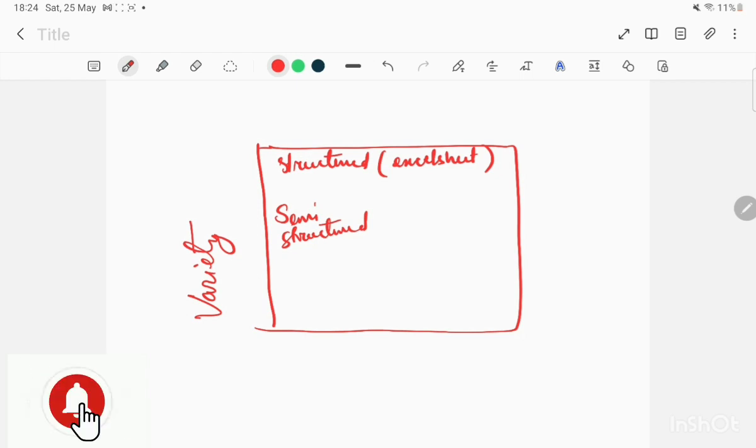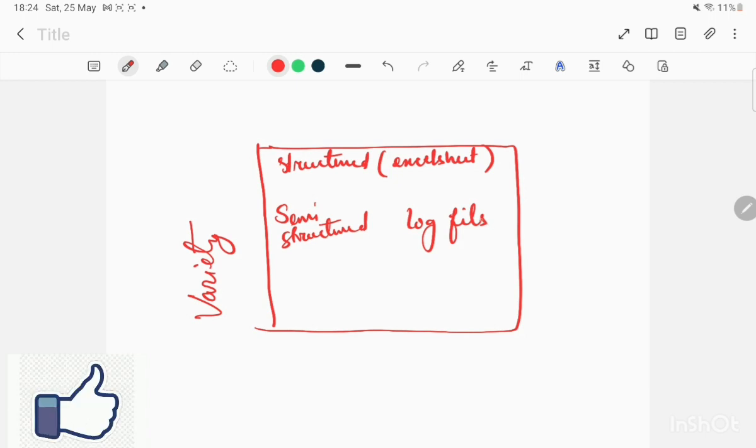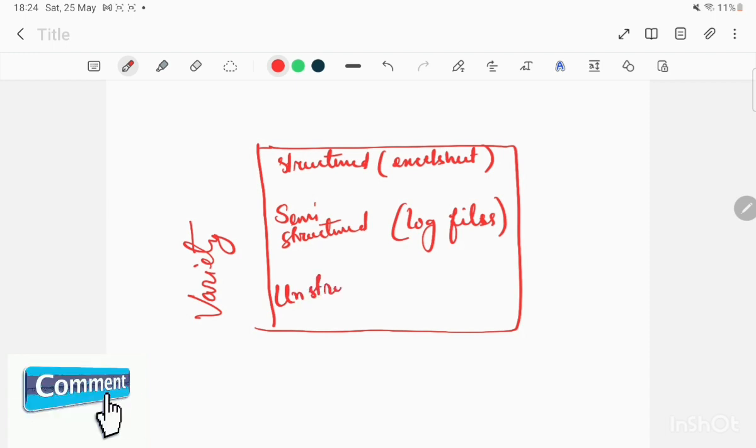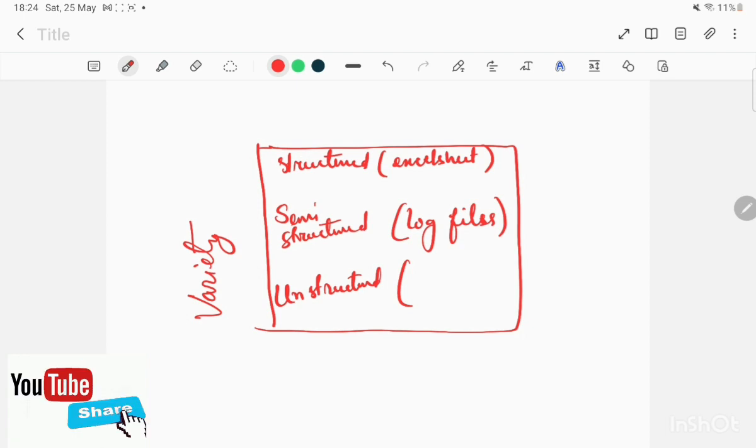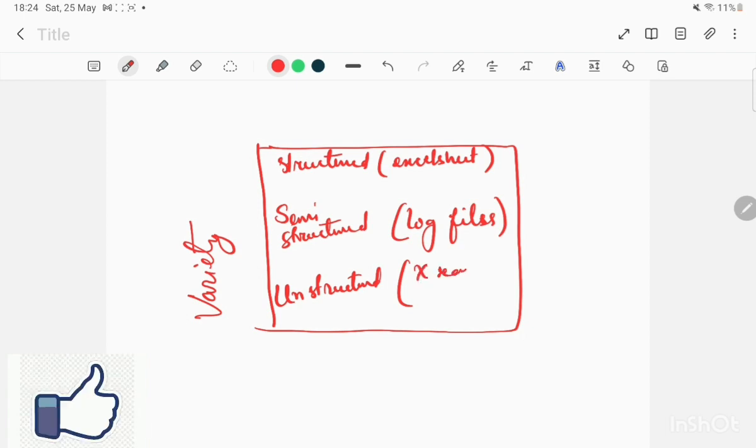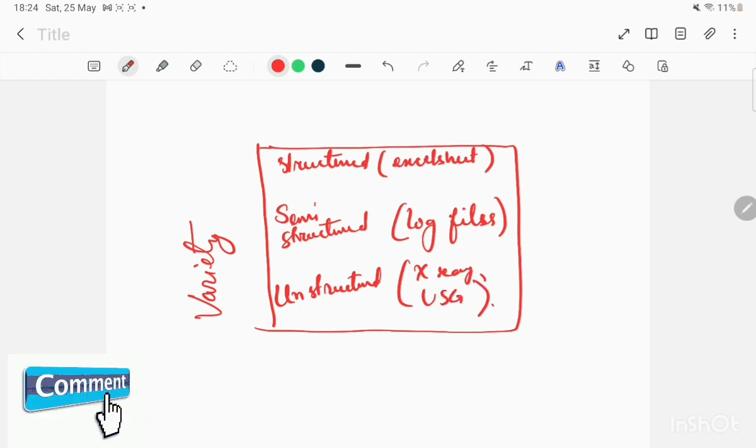In that case, it can be some log files maintained. And another is unstructured. They are not maintaining any structure. So it can be the diagnostic report, ultrasound, x-ray images, USG reports, anything. It can be the unstructured part.